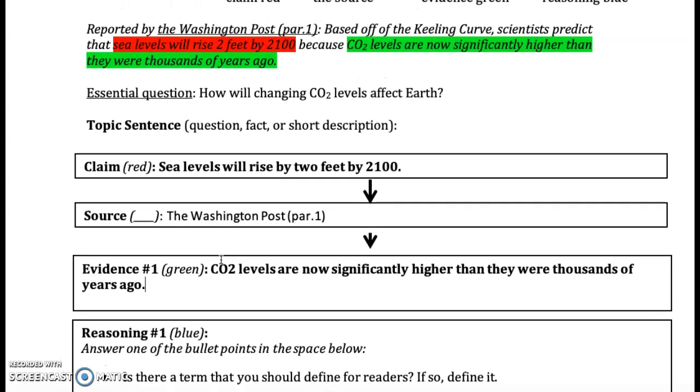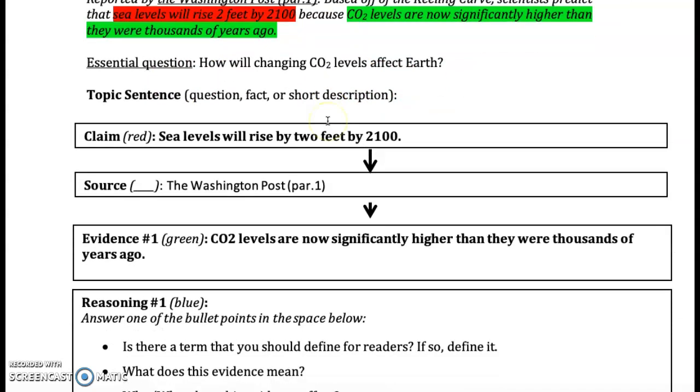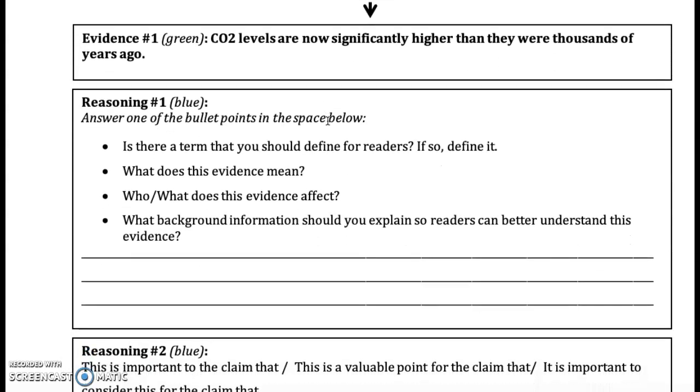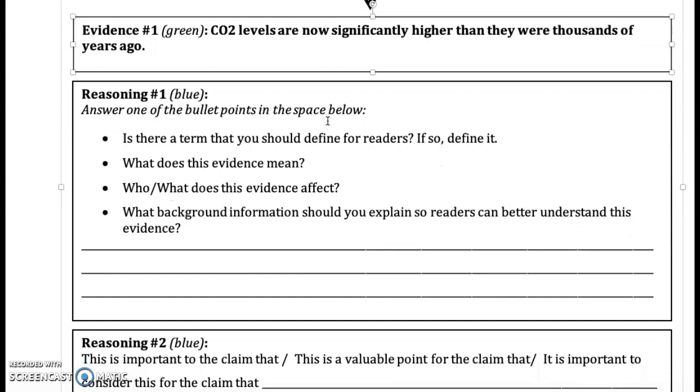So now our reasoning. This piece of information doesn't give us the reasoning. We have to come up with that on our own. So we're going to scroll down. It says we're going to come up with 2 pieces of reasoning, and these are some things that you might want to consider when you're coming up with your reasoning in the future.